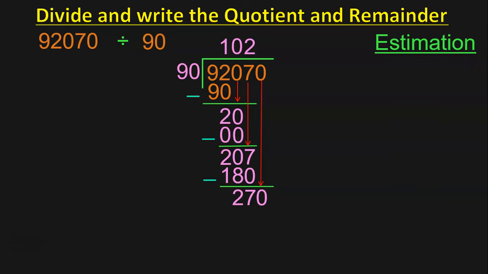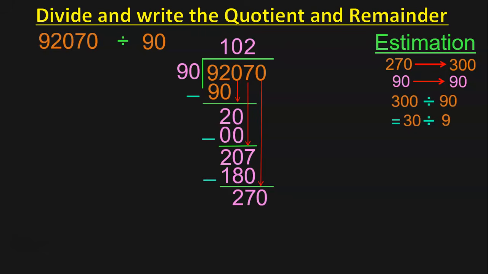So let us use the same estimation technique. Rounding off 270 to the nearest hundreds, it will be 300. Now round off 90 to the nearest 10, it's going to be the same 90. So 300 divided by 90 is equal to 30 divided by 9. This is also not a direct division, but we know that 9 3s are 27 and 9 4s are 36.